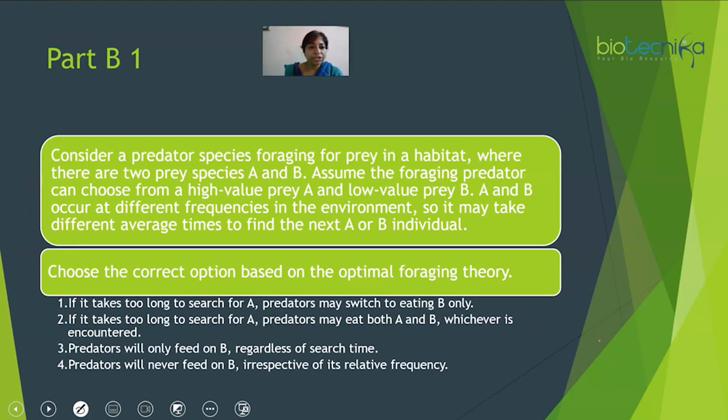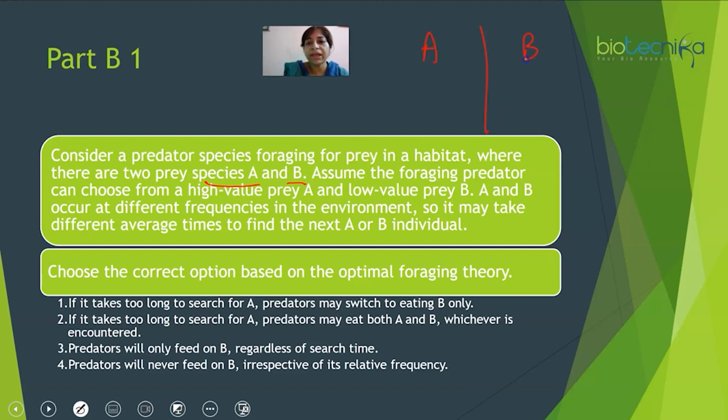So first question from part B: consider a predator species foraging for prey in a habitat where there are 2 prey species A and B. Now assume that the foraging predator can choose from a high value prey A and a low value prey B. So we just make a column here for our better understanding.